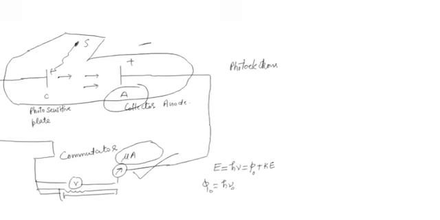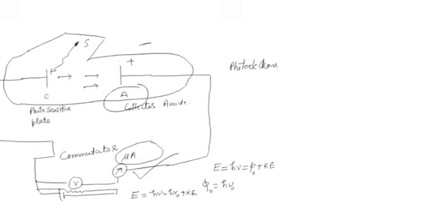So this equation, Einstein's photoelectric equation, can be modified as E is equal to h nu is equal to h nu naught plus the kinetic energy of electrons. From this equation, we can calculate the value of Planck's constant h.